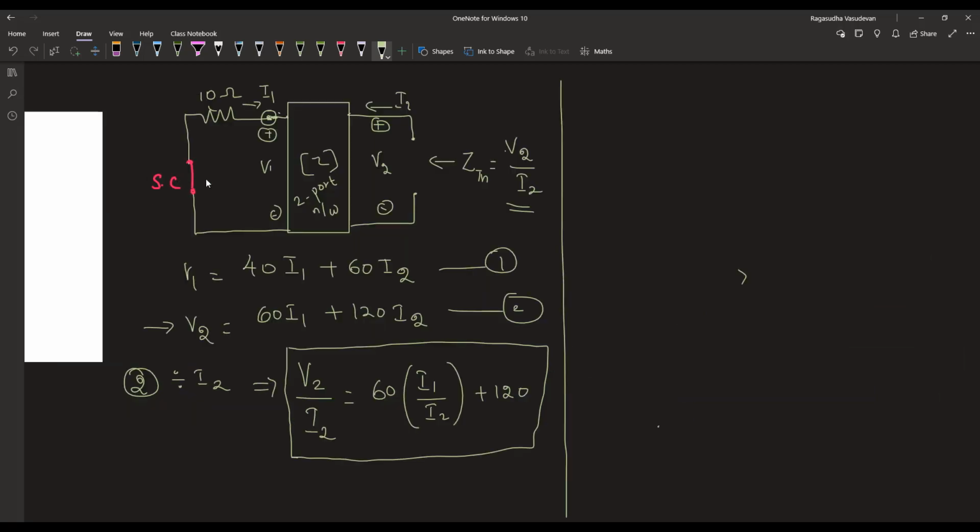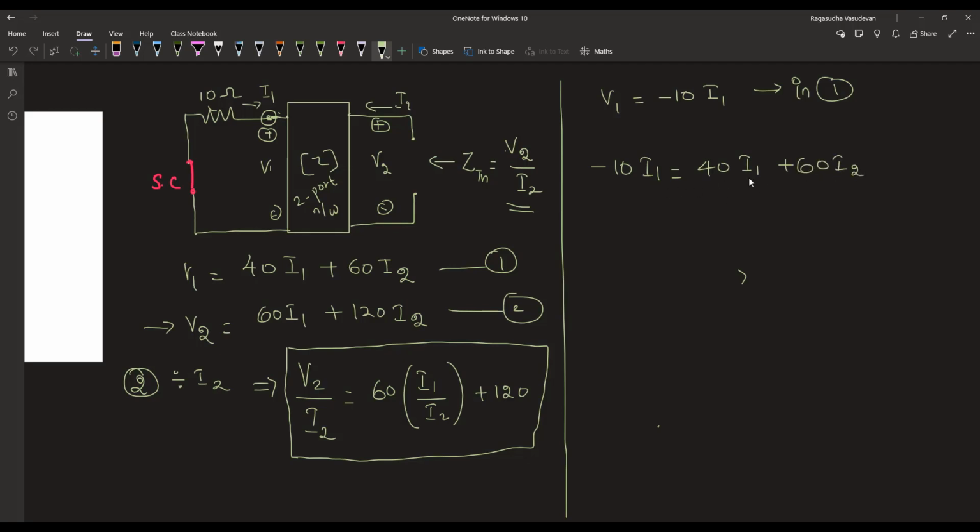Since we have short circuited the first port, V1 will become minus 10 into I1 according to Ohm's law. We can substitute this in equation 1. Minus 10 I1 will be 40 I1 plus 60 I2.